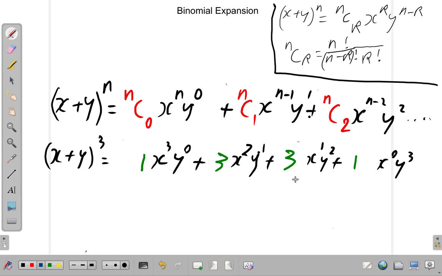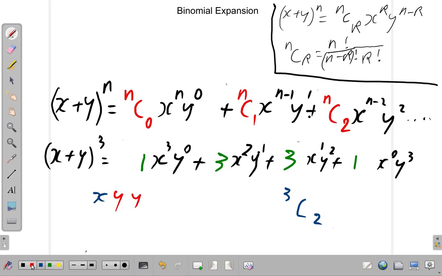Here, what you have is 3C2. You have 3 items, and you choose 2 y's. How many ways can you arrange the 1 x and the 2 y's? So you want to rearrange them. How many ways? 1 x and 2 y's: x, y, y. That's one way.